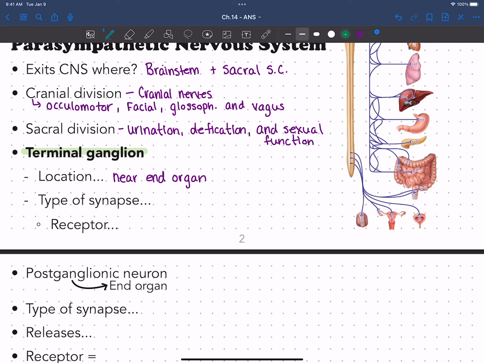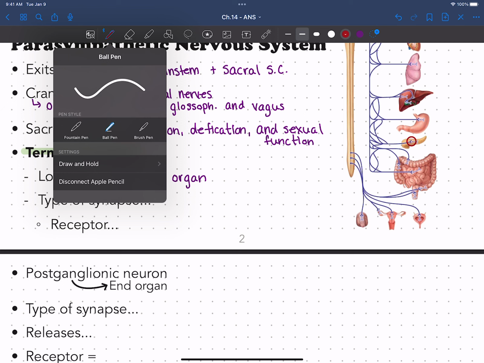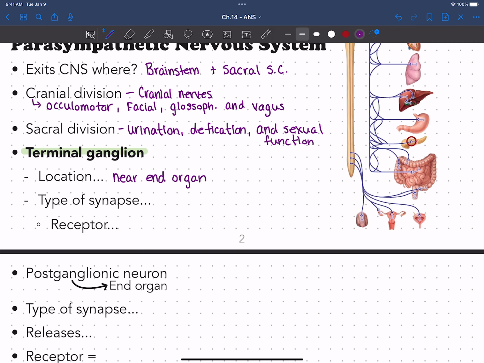Okay, so I'm going to just put a little circle here really quick around this terminal ganglion, going to the pancreas. Right, so that is where the dark purple preganglionic neuron is synapsing onto the lighter purple postganglionic neuron.